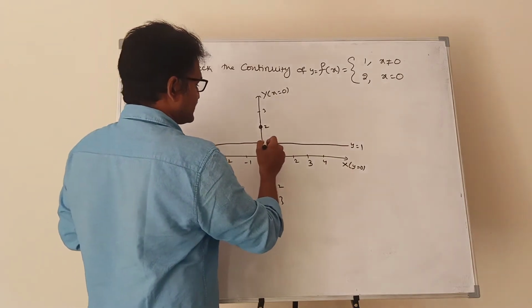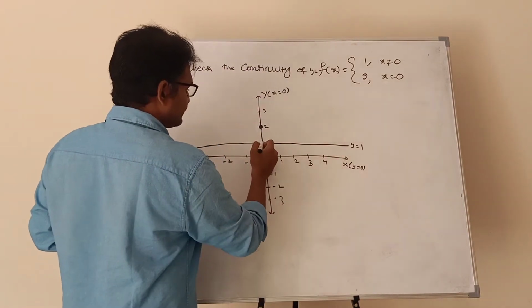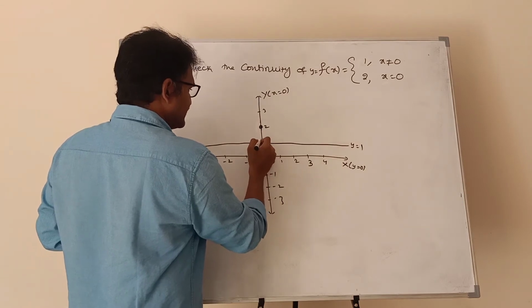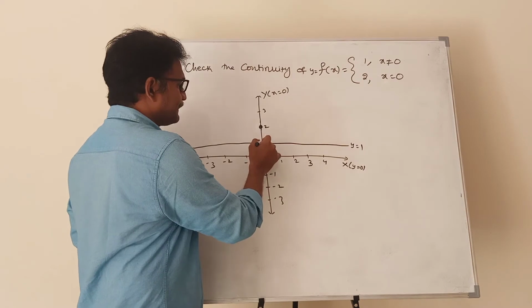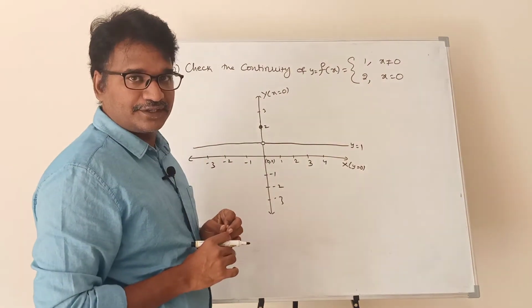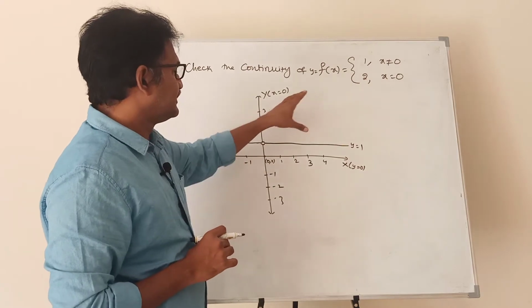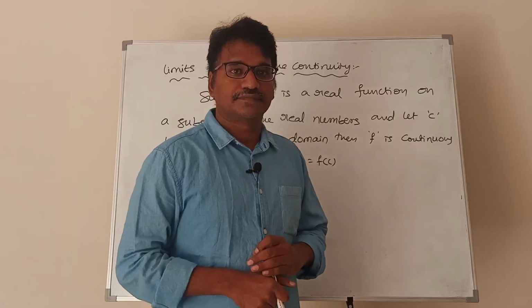To draw this graph on the right side of the y-axis, you need not lift the pen. But at the y-axis, you need to lift the pen to draw this graph. That's why this function is a discontinuous function. This is the concept of continuity.